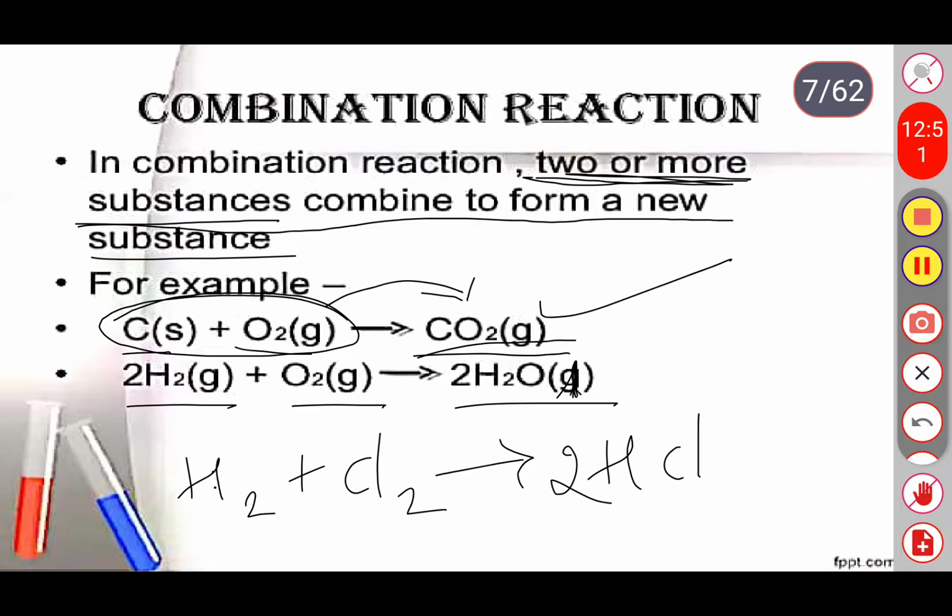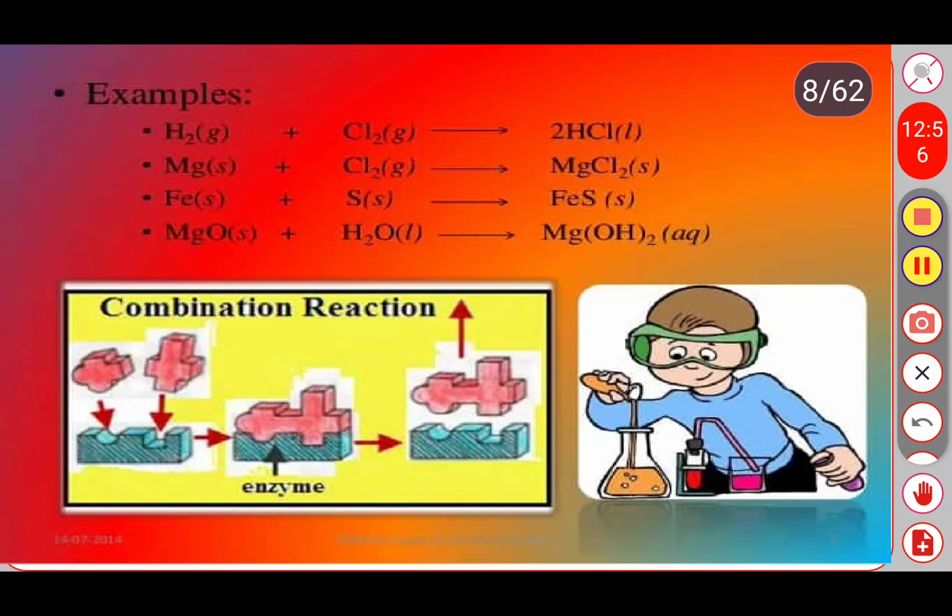Here we have some more examples. When hydrogen is combined with chlorine, it forms hydrochloric acid. When magnesium is combined with chlorine, it forms magnesium chloride. When iron is combined with sulfur, it forms iron sulfide.